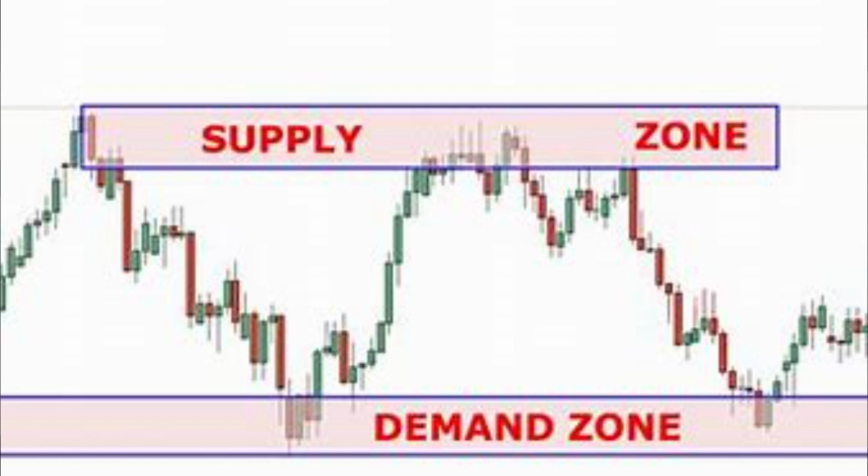This is a demand zone, this is a supply zone. Now this is a supply zone because the resistance level has become a support level.